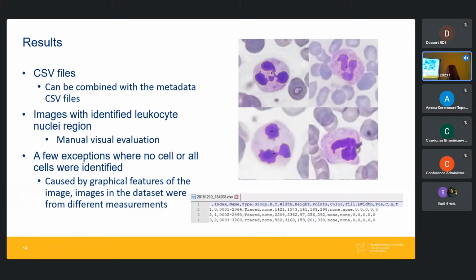It would be really hard to get by using just the graphical features. For that you would probably have to train some active learning or machine learning model. But using graphical features, selecting the whole cell is not possible, so you will just select the nuclei. That's the best you can do.